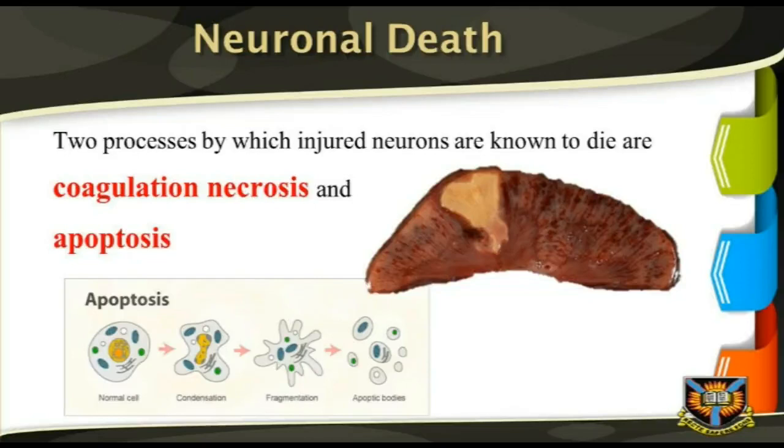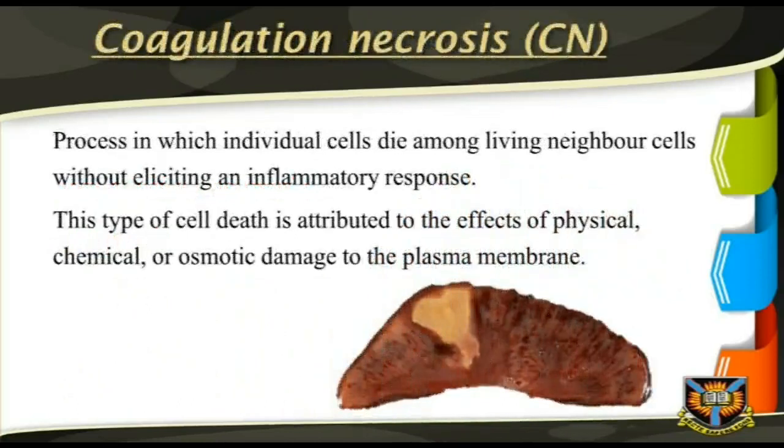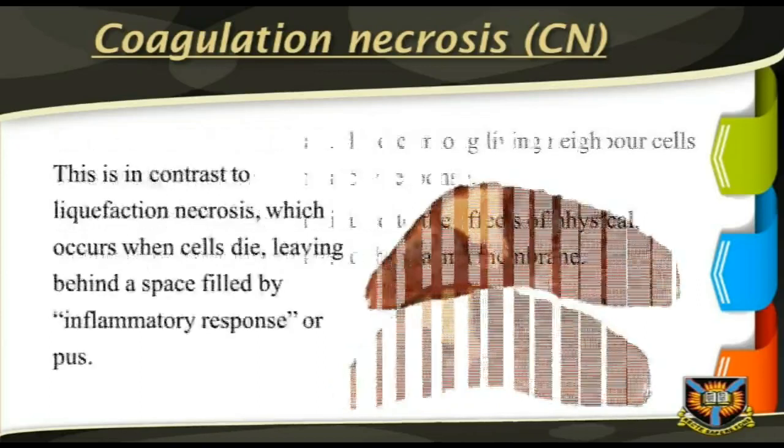Coagulation necrosis (CN) refers to a process in which individual cells die among living neighbor cells without eliciting an inflammatory response. This type of cell death is attributed to the effect of physical, chemical, or osmotic damage to the plasma membrane.